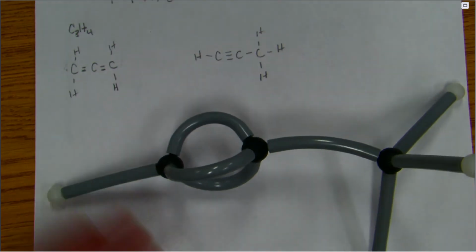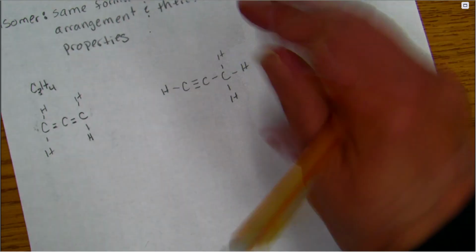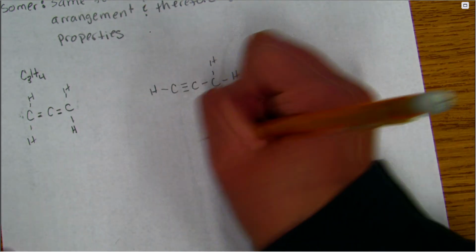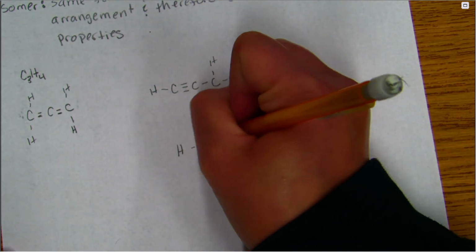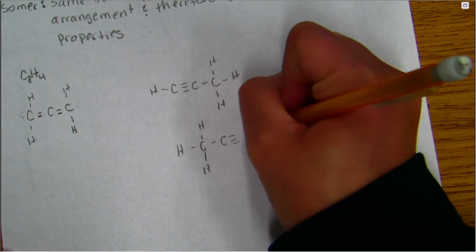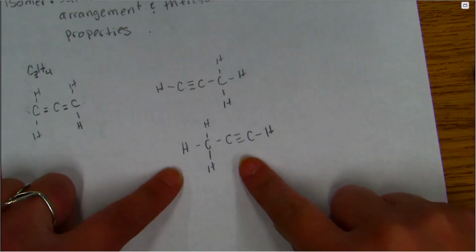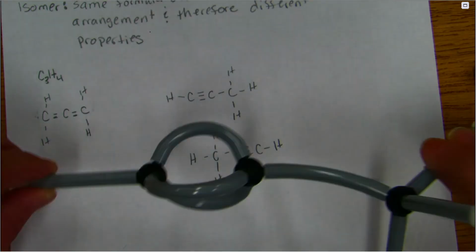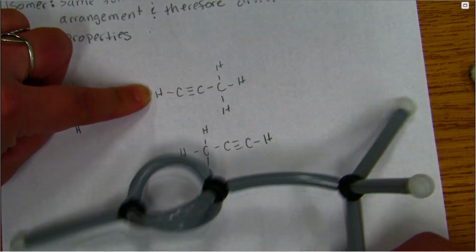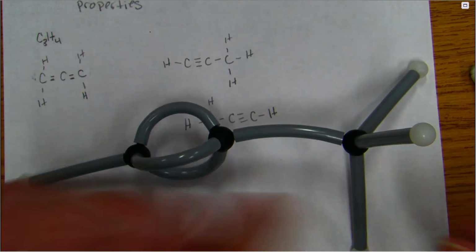This is not an isomer. This is a mirror image. If I was to draw this as its mirrored image, okay, this is a mirror image. Here we are, my first picture, my second picture.